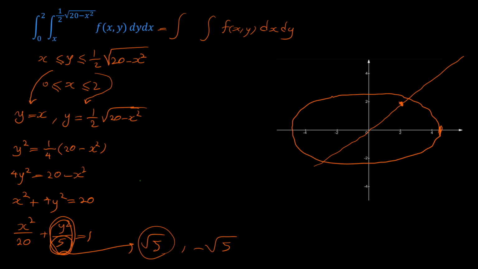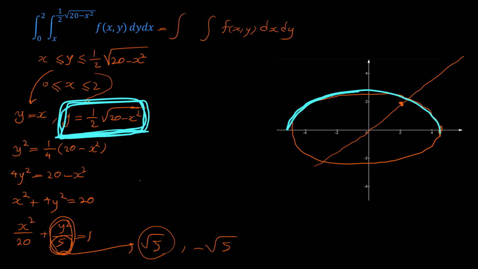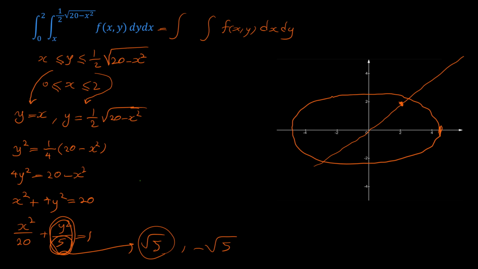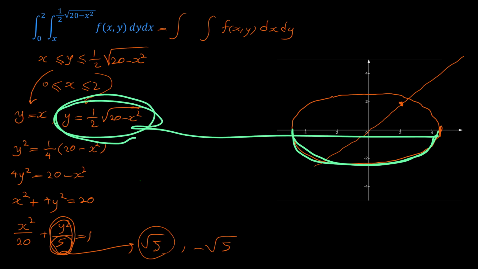Please pay attention, but not all of this ellipse is y equals 1/2 radical 20 minus x to the 2. This is important to notice. Only the upper part of this ellipse is the graph of this equation. But why? Let me explain why we should not consider this lower part as the graph of this equation.